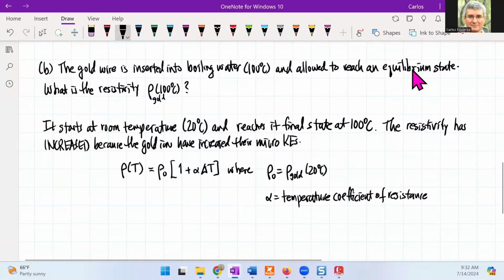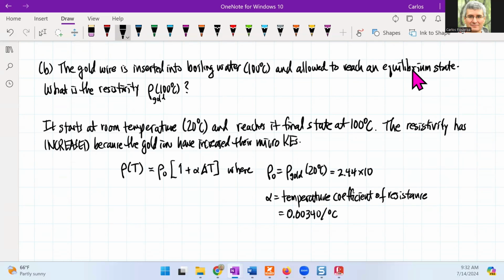In this situation, I think I gave that value, it's 0.00340 per degree Celsius. And we already know the resistivity of gold because we Googled it: 2.44 times 10 to the minus 8 ohm meter.